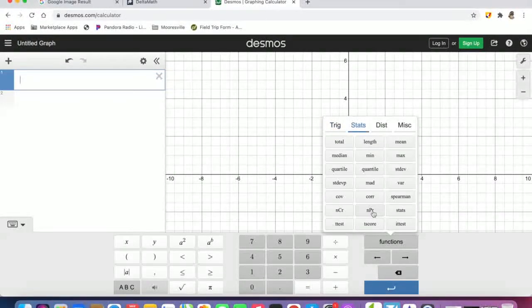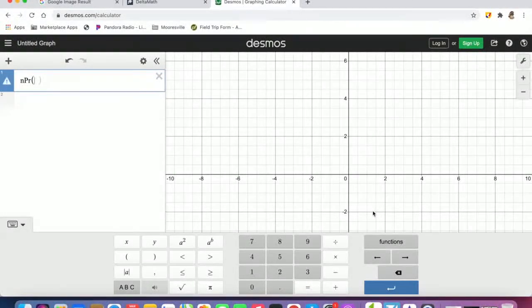Look right here, nPr. My N number was 10. I'm going to hit comma. My R number was 3 because there were 3 prizes. And look what it does. It gives me 720, the same answer. So either way you do it, it really doesn't matter. Either way is fine with me.